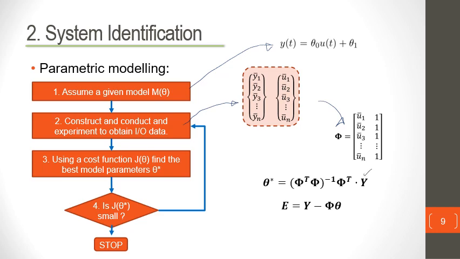And then after doing that, you will simply calculate the theta after creating this Moore-Penrose inverse. And from there, you can calculate now what the error of the model is, the error that the model gives you. So based on that, you will know if this error is small enough or not. And you can use that judgment to then iterate backwards to step 1 or to step 2.